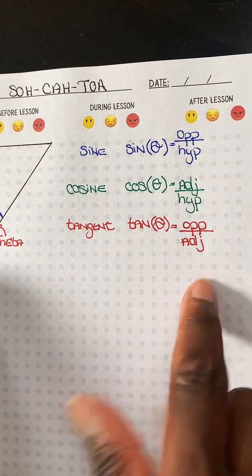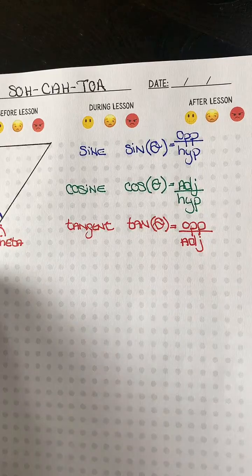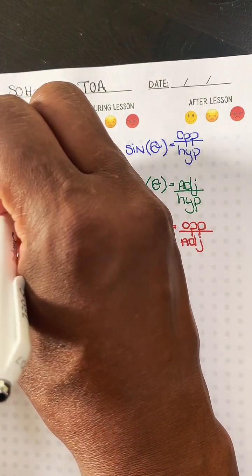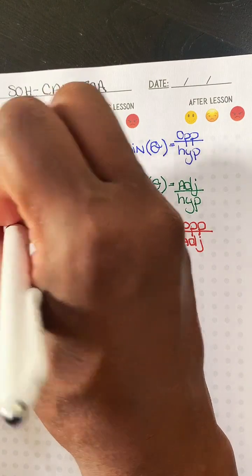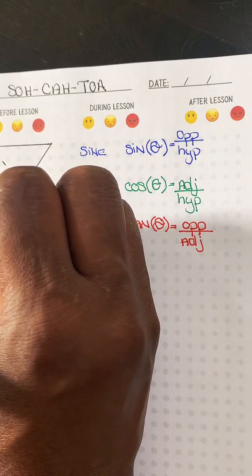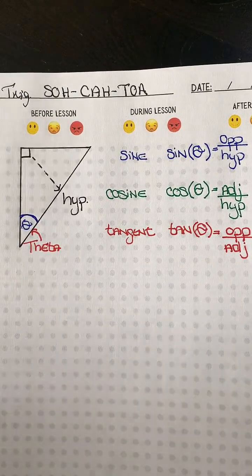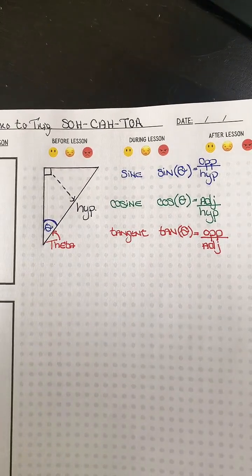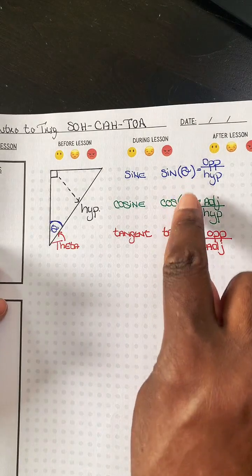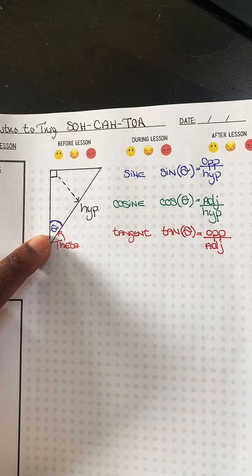But the way that you can tell which is opposite, which is adjacent, well, the hypotenuse, as I keep saying, it's always the side that's directly across from your 90-degree angle. Okay? So this is always going to be your hypotenuse. So we got that down. But how you can tell if something is opposite or adjacent, it's based off of the angles that you're using. So here we have the angle of theta.